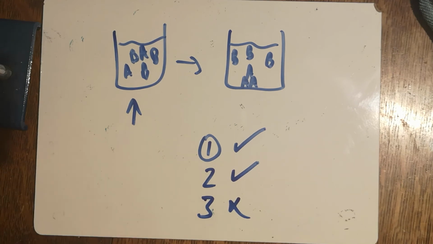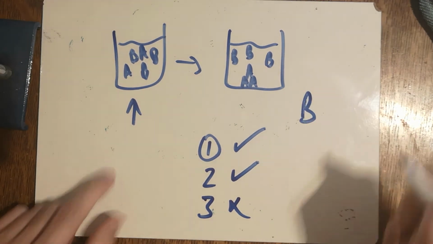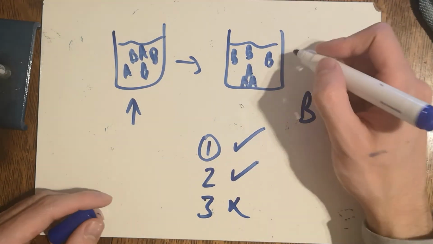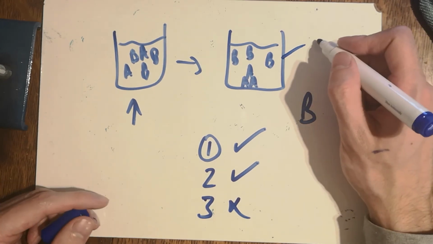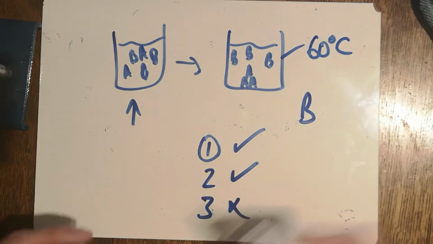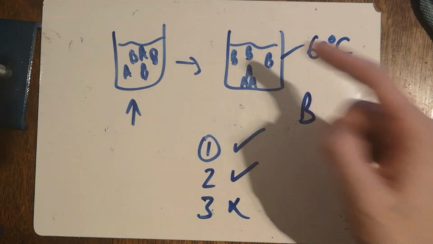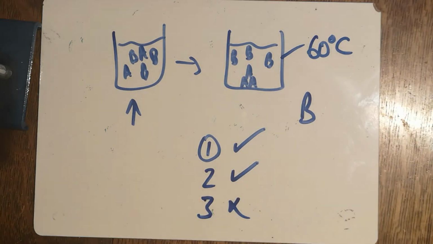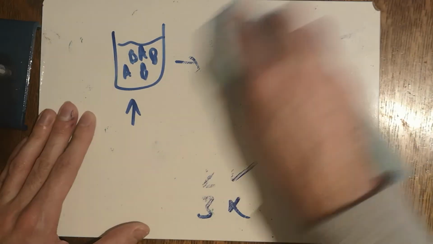So that's not true. So it's 1 or 2. So that's B. Because B stays dissolved, it could have a melting point of 60 degrees Celsius. The melting point doesn't determine how soluble it is in the solution. It could be 120, it could be 150. Unless I'm missing something there. The answer to that one was B.